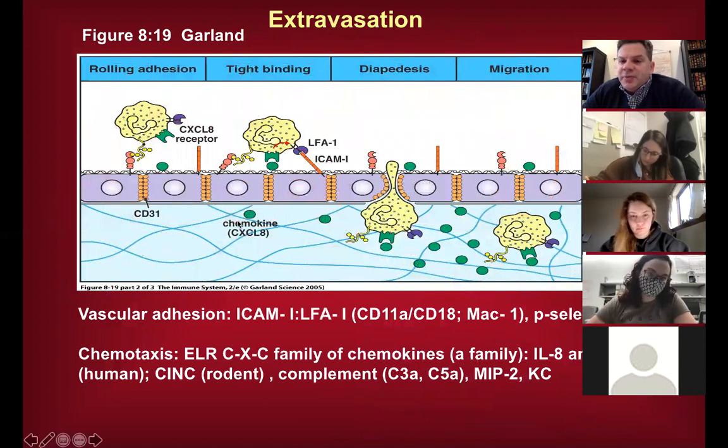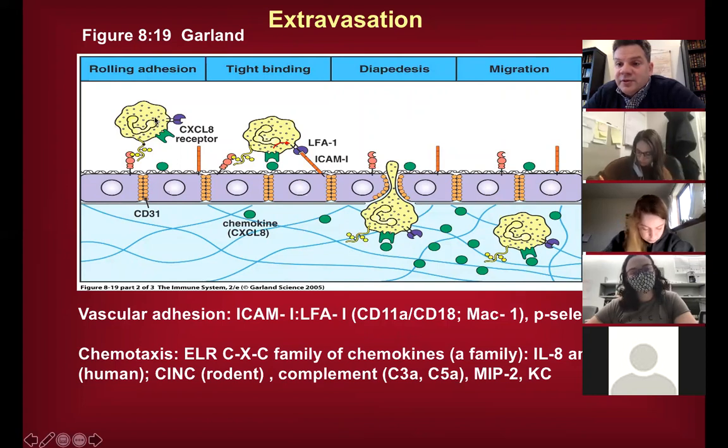Just to jog your memory here, remember that in order for a cell to get into any tissue, this isn't necessarily the brain, but an immune cell, a leukocyte here, or this particularly is a neutrophil, which we talked about, needs to be slowed down from the blood. Remember that the blood is like a river system, so it's moving.